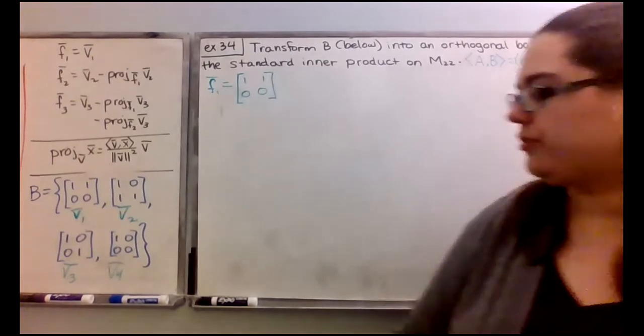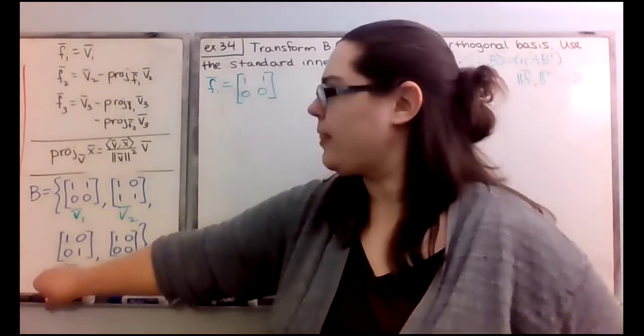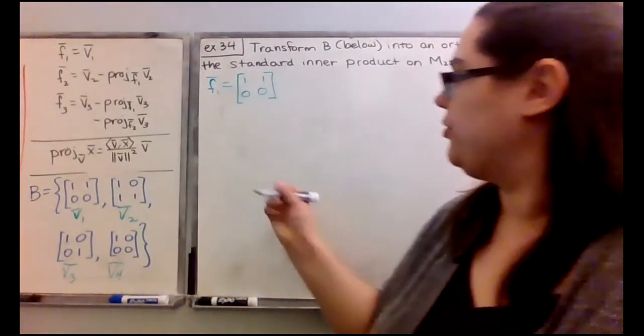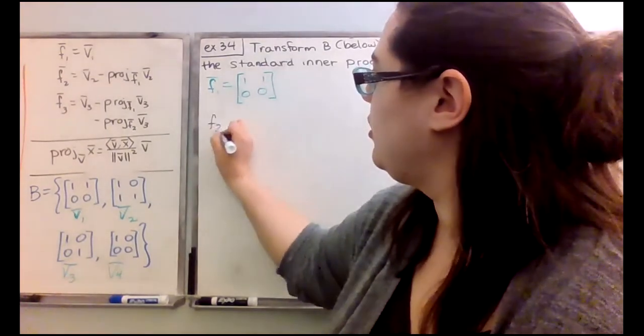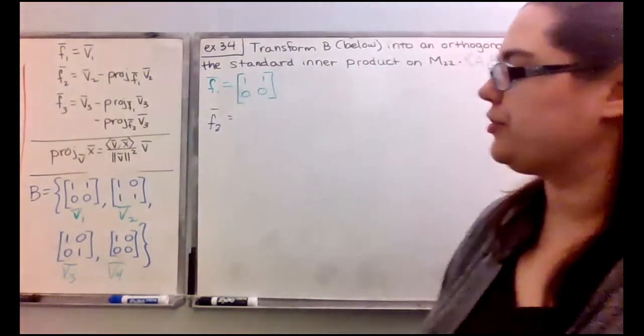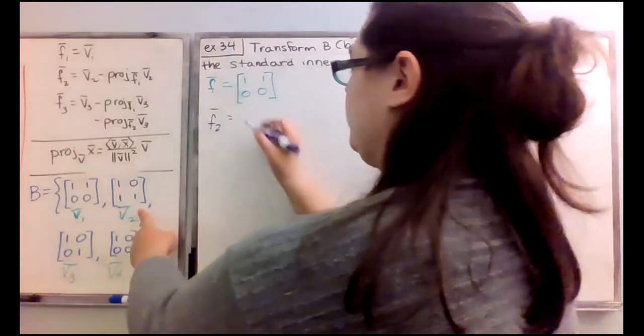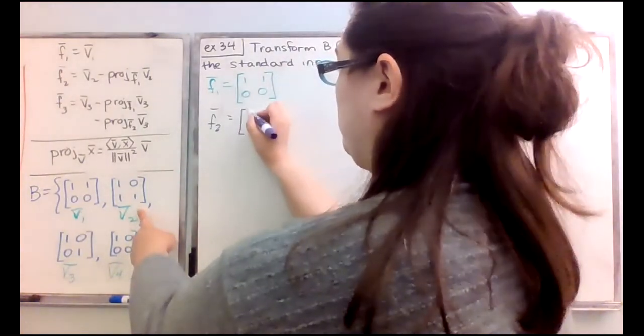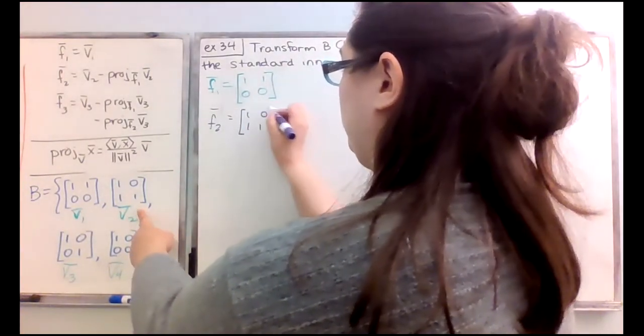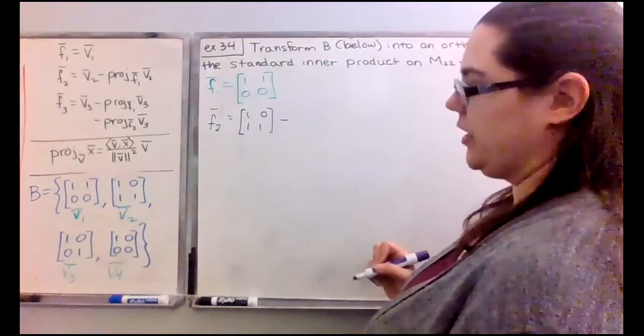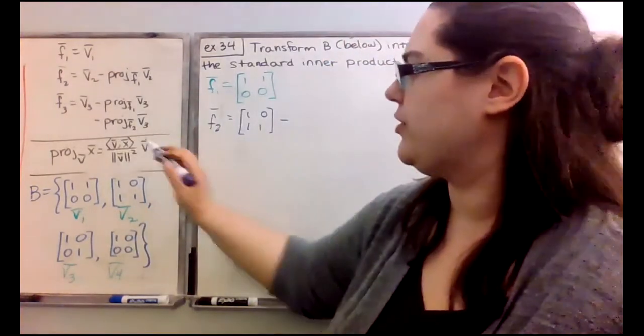All right, so let's do the next one together. So we're going to find F2. And F2 is going to be V2, 1, 0, 1, 1, minus, and I'm going to write the formula out this time.